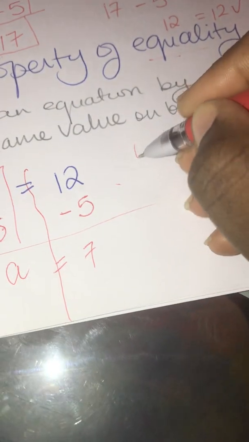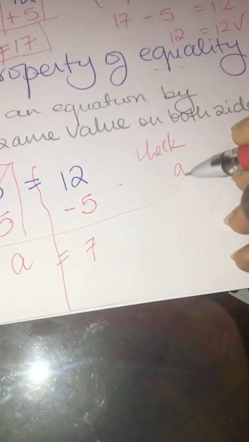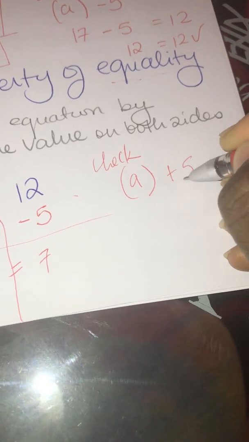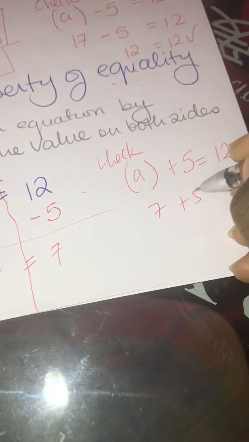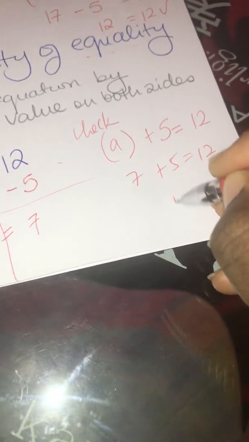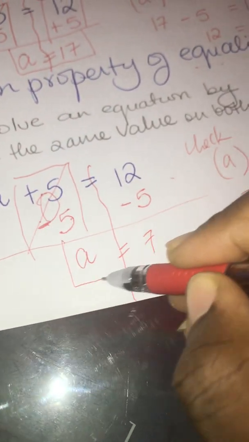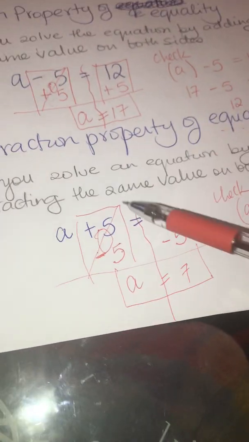Then you do the check. So then we will say A, the variable is always in bracket, plus 5 is equal to 12. 7 plus 5 is equal to 12. 12 is equal to 12. Then I can box my answer. So how did I know I am applying subtraction property of equality?